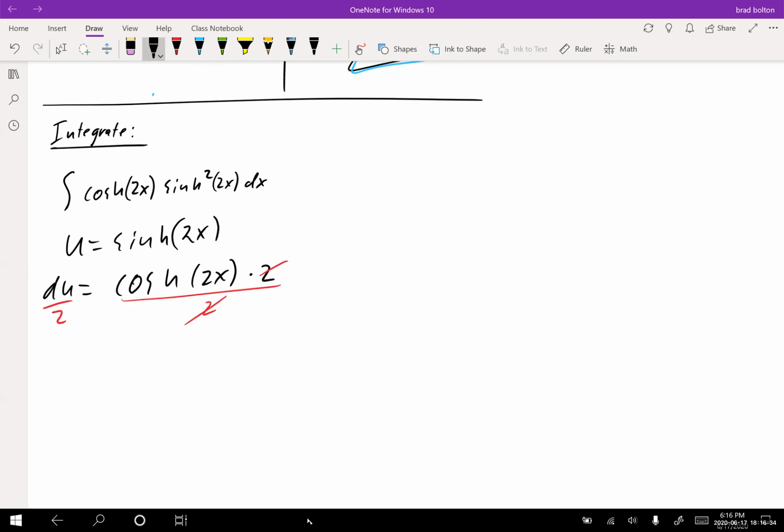So then we have the integral. Now cosh of 2x dx is worth du over 2, so pull the 1/2 out and put the du there. And then we know that sinh of 2x is worth u, so this becomes u squared because it's sinh squared of 2x. So now when I do this, I get 1/2 times u cubed over 3 plus c.